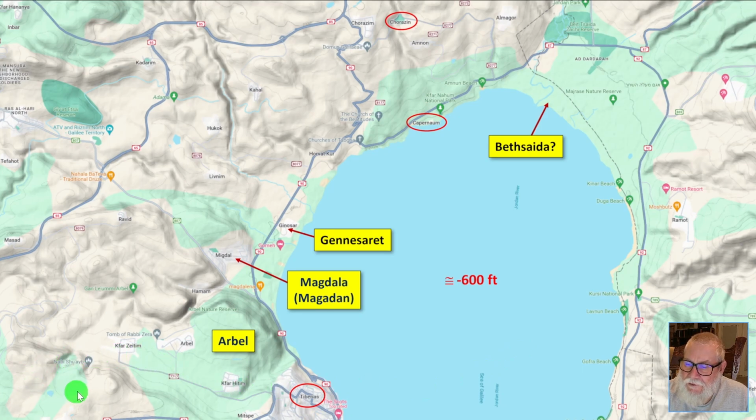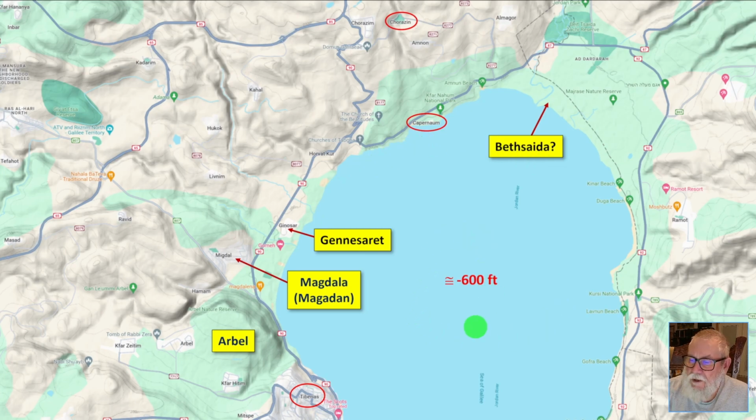Down right here to the north of Arbel is where that slot that I just talked about empties out. So the wind comes from up here in the Valley of Jezreel and past Mount Tabor, and then drops down quite a bit into the Sea of Galilee and causes the storms that are there.